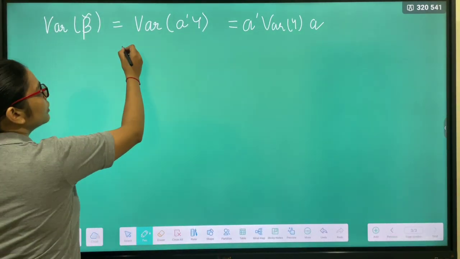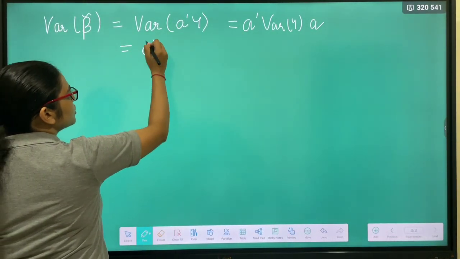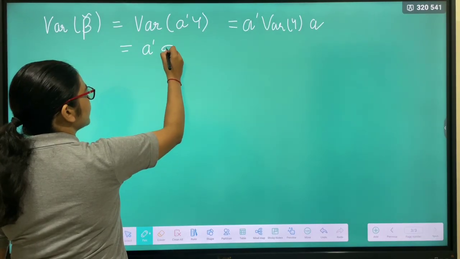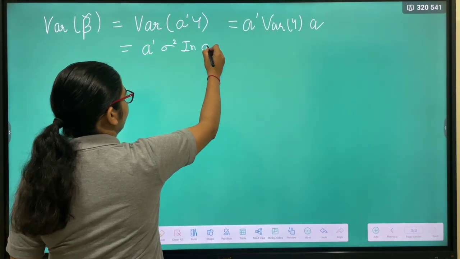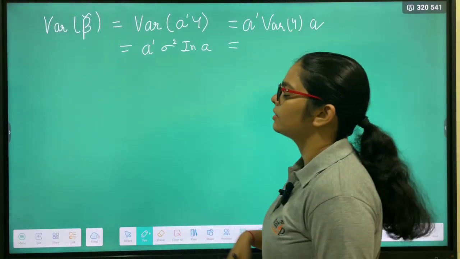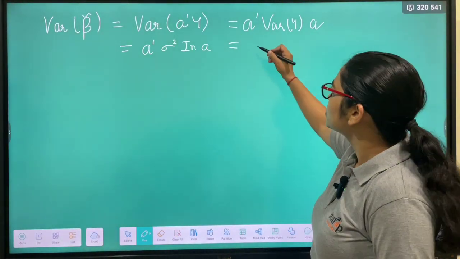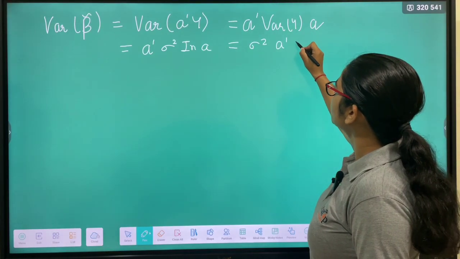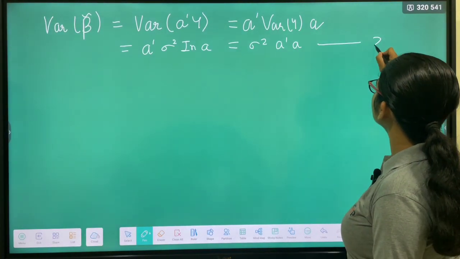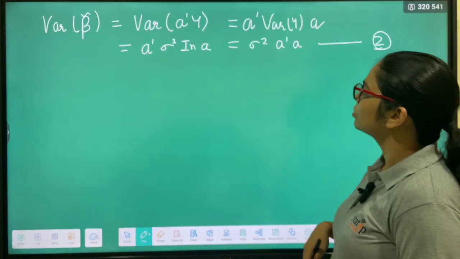Now again this will become a' variance of y, which is nothing but sigma square I, into a. If we multiply the identity matrix, there is no difference. So our variance will become sigma square a'a. Let us consider this as equation number 2.